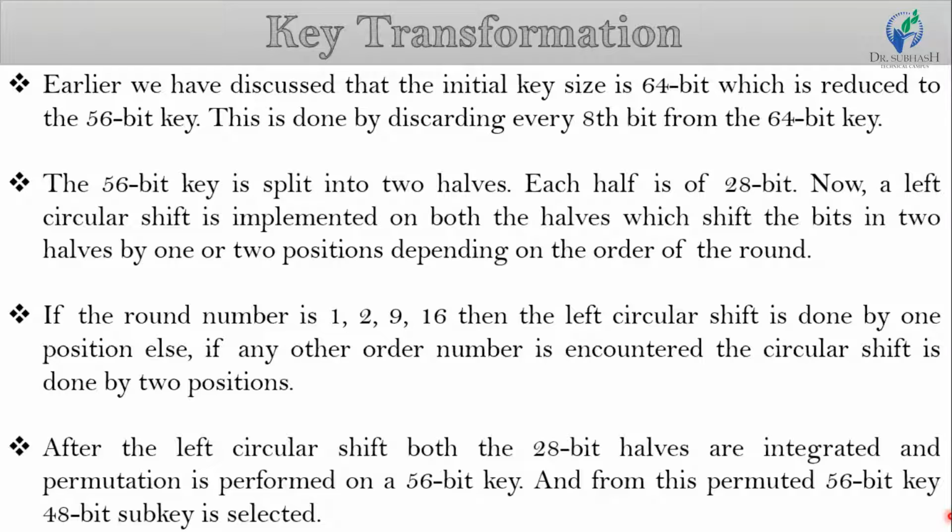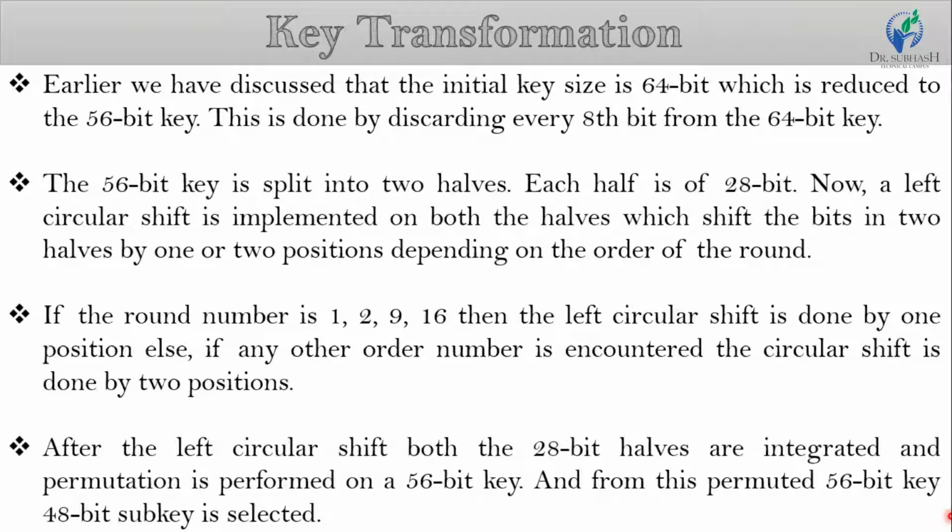As the key transformation step involves permutation along with compression of the 56-bit key to a 48-bit subkey, it is also called compression permutation. So the key transformation step provides a different 48-bit subkey for each round of DES.